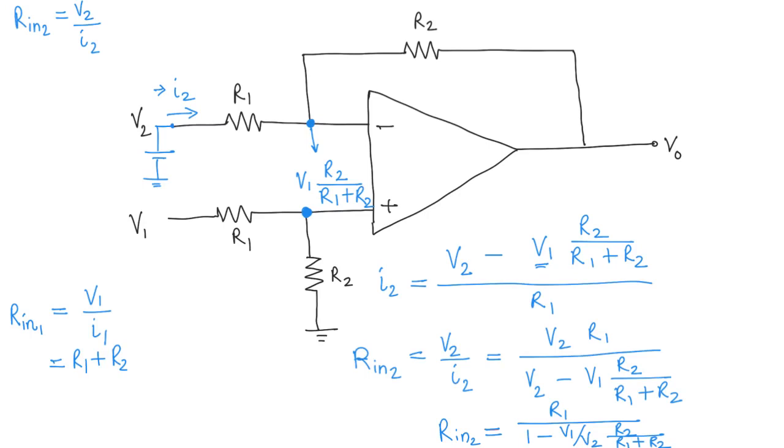Now, why are the input resistances in a differential amplifier important? As we already said, the higher the input impedance, the more chance that the circuit will not load whatever is coming before it. This becomes especially important when you are recording ECG, an application we looked at in lecture 1.